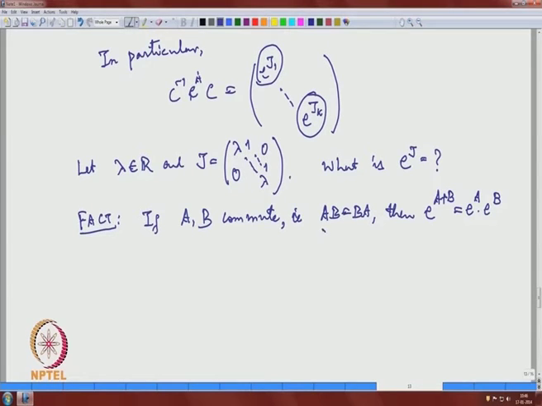In general, if we have non-commutativity, then we may not have equality. E to the A plus B may be different from e to the A and e to the B.